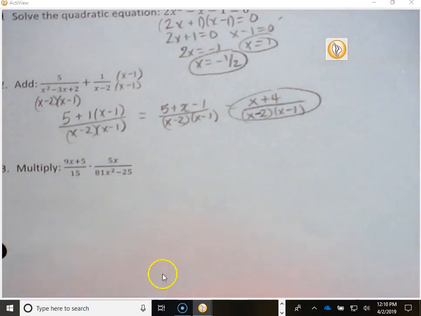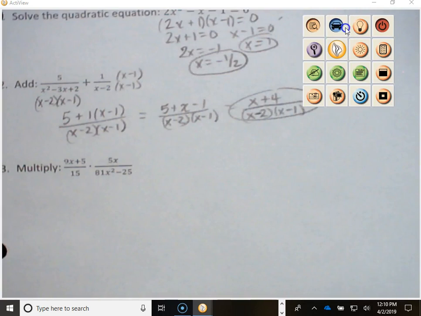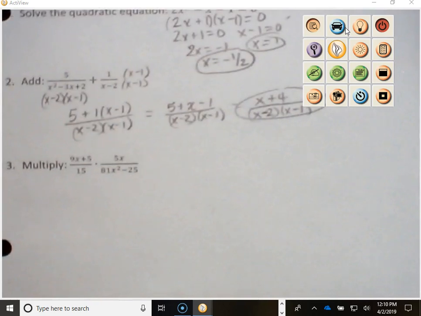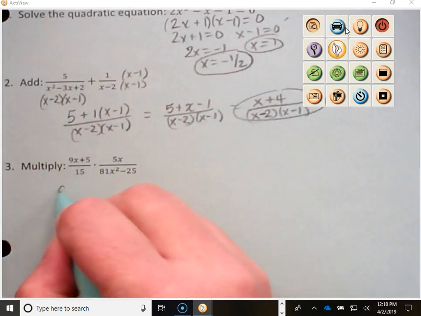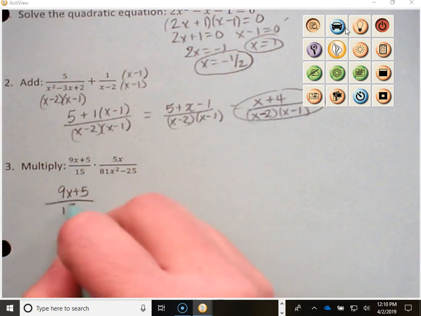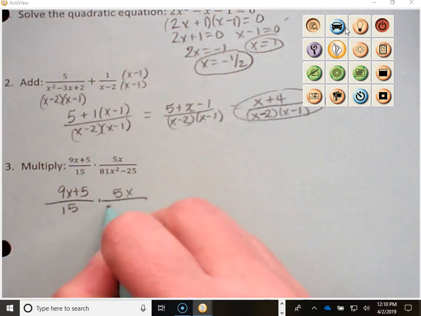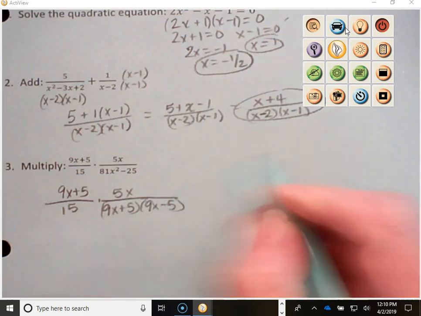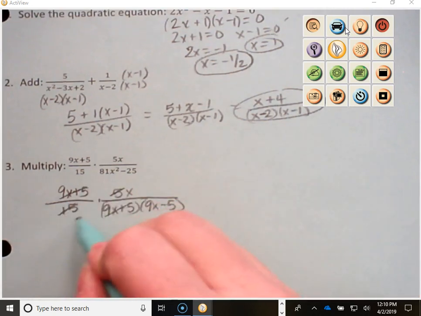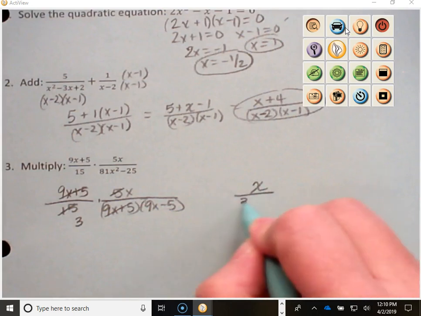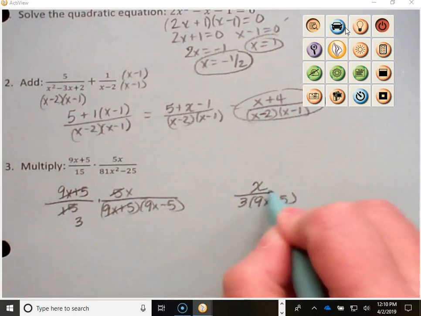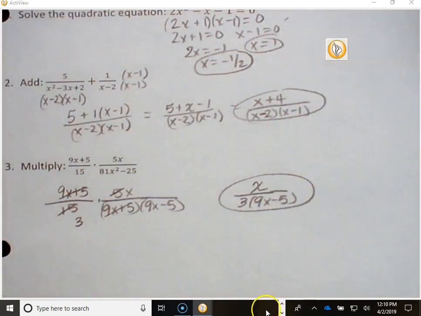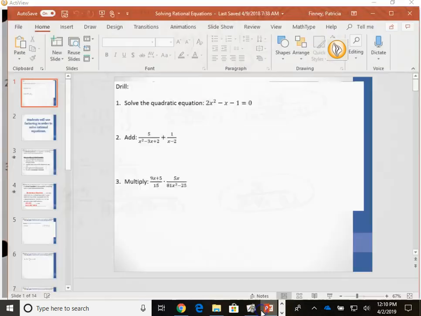And then for our last part, we had to multiply, which means we're going to try to factor and simplify. Okay. So that should have all been review.